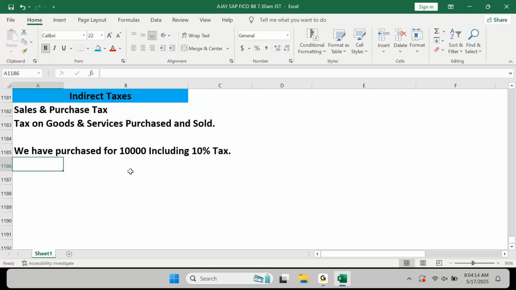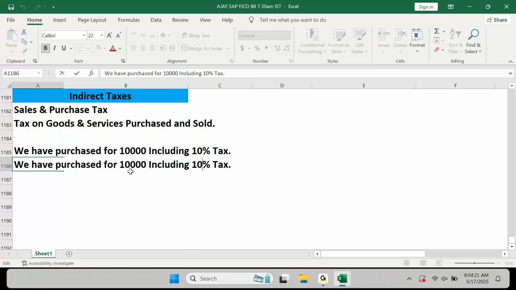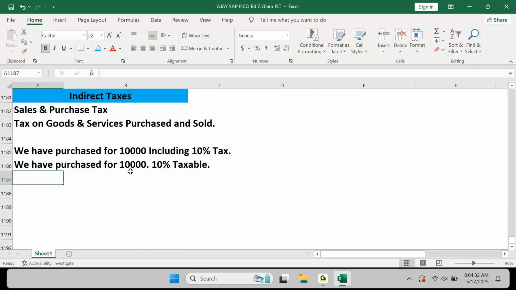Also, sometimes you will find that we purchased this and it is 10% taxable. Sometimes your rate includes tax, sometimes your rate excludes tax.